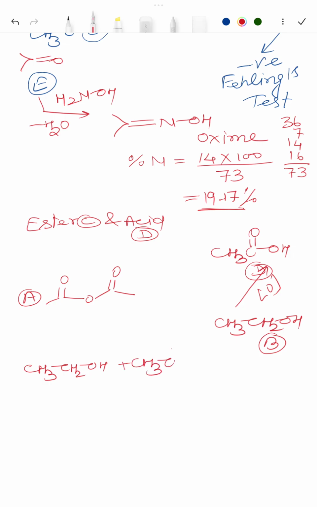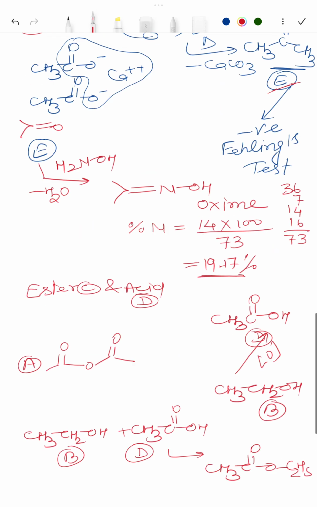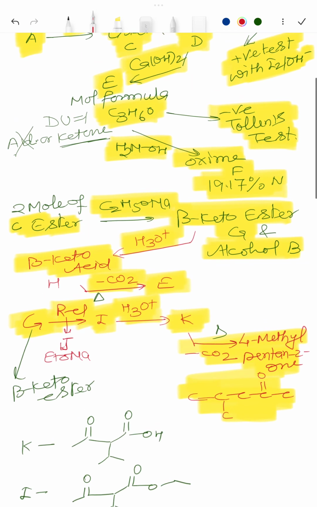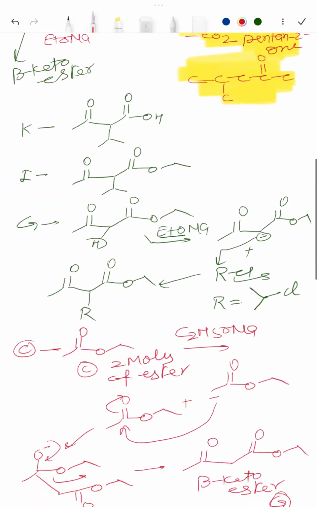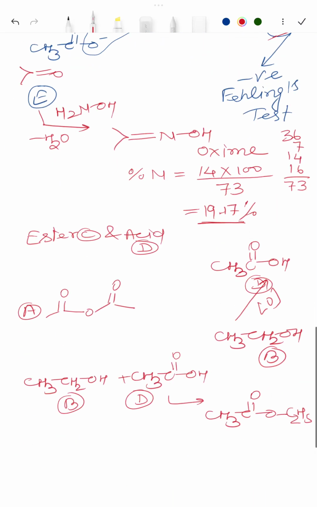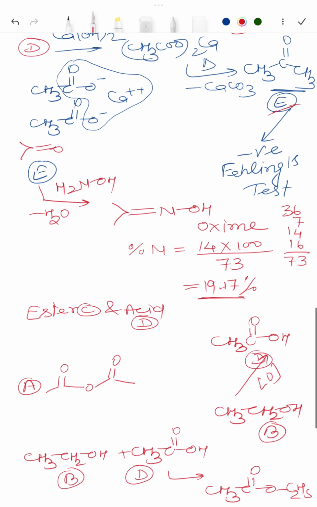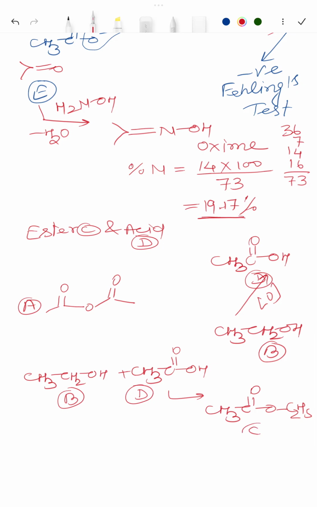So here CH3COOC2H5 will be formed. This is B and this is D, and this is actually the ester, and this is C.